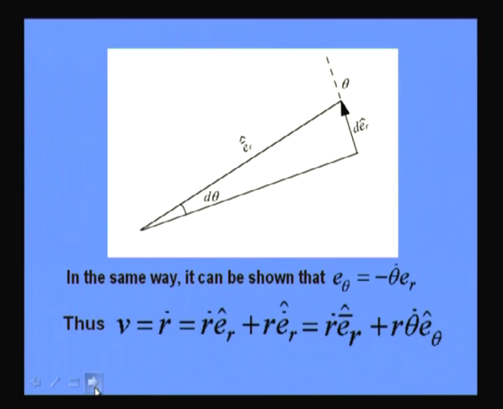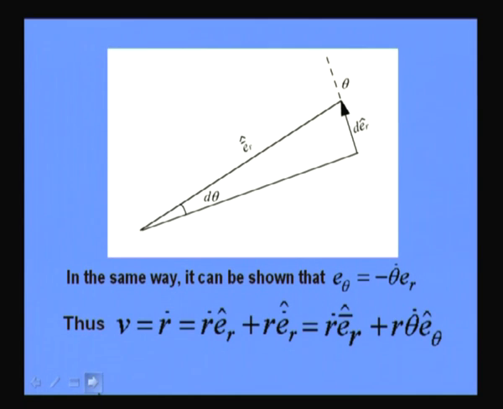In the same way, it can be shown that e_theta dot is equal to minus theta dot e_r. Here theta dot can be written as omega. Thus, the velocity of the particle in polar coordinates is written as r dot, which is r dot e_r plus r theta dot e_theta.